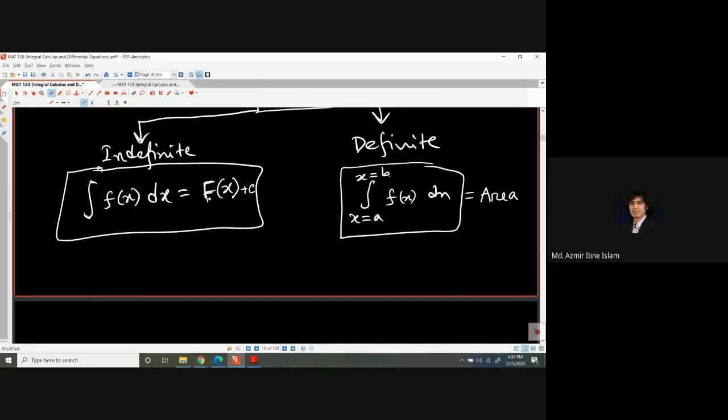Now, since we have an indefinite integral with the antiderivative capital F of x, we are adding a constant c. That is an arbitrary constant. It can be anything. c can be 0, c may be 1, c may be negative 1, c may be 2, c may be e, c may be pi. So c can take any value.